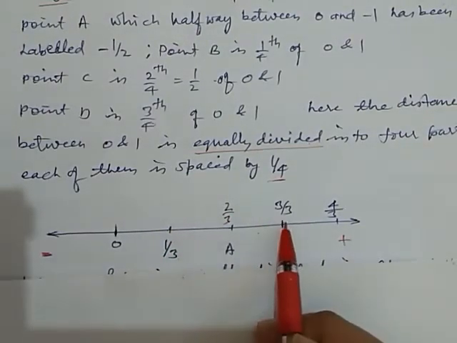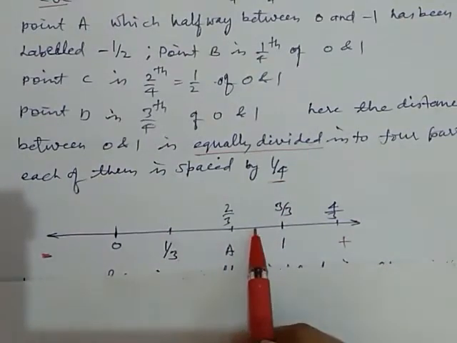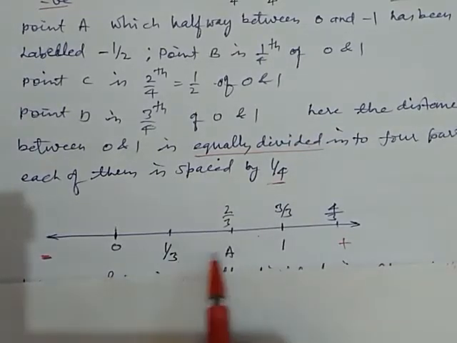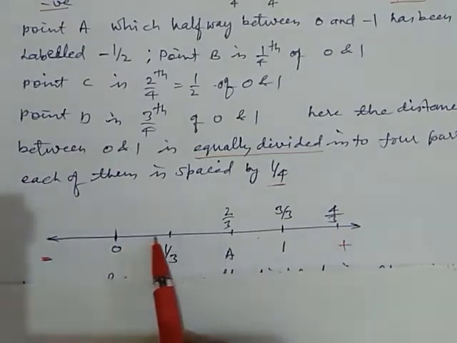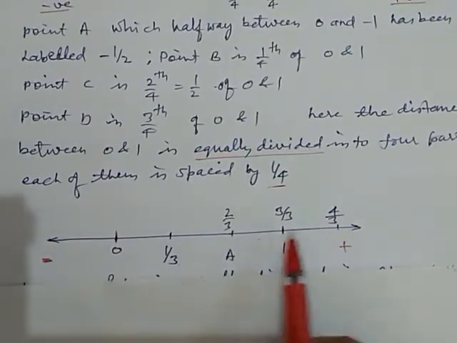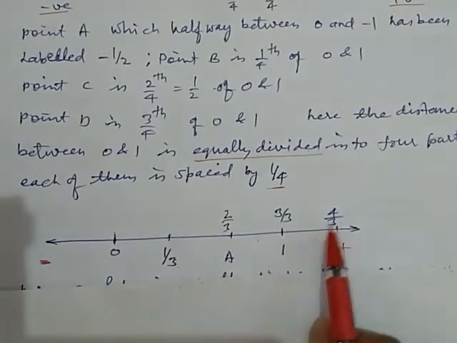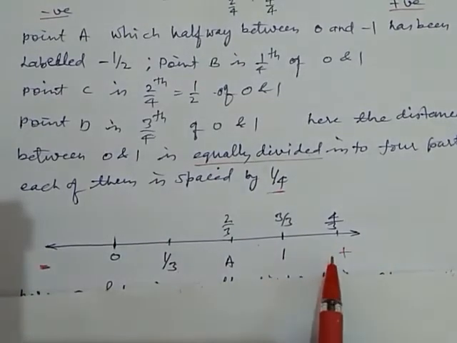Here 3/3 means we have to consider 3 parts, 1, 2 and 3, that becomes 3/3, means 1. This way we have to plot. Now this is 4/3, so here 1 by 3, 1 by 3, 1 by 3, 1 by 3, and we have to consider 4 parts. This way we represent any fraction on the number line.